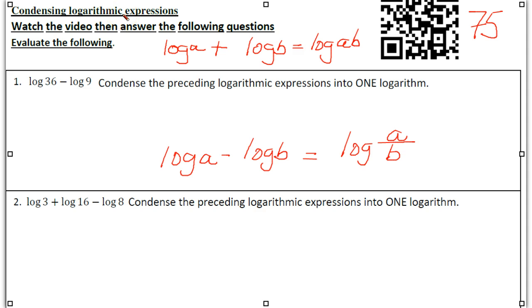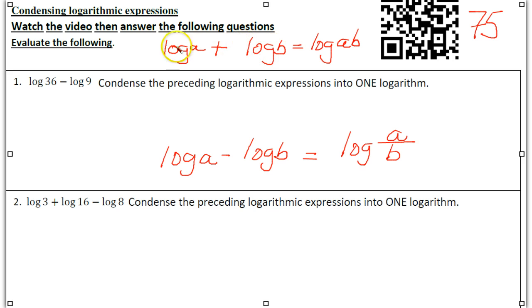And part of the lesson, and the textbook of course, was to go over what is operating in the background. But a quick review would be if we see, let's say, log of A plus log of B. This is an expanded form.